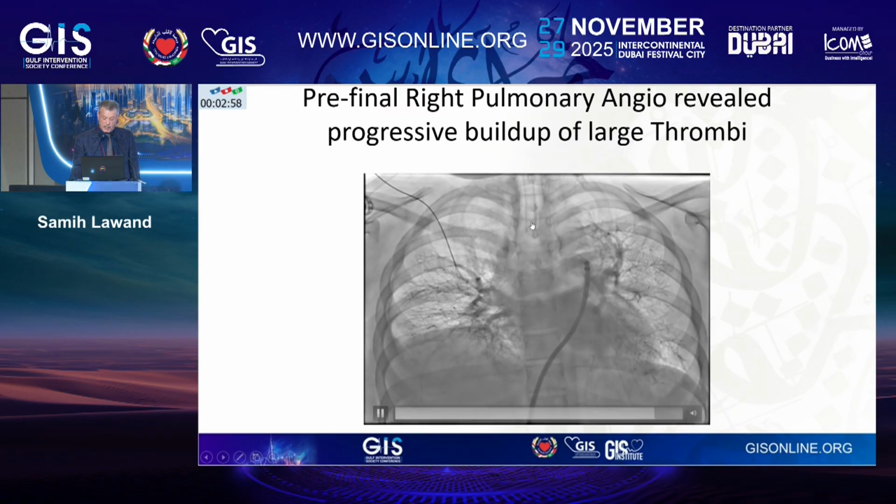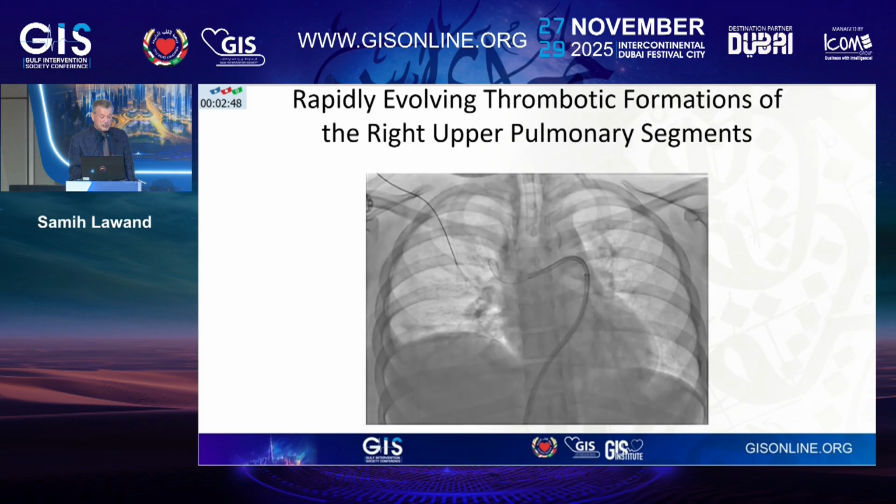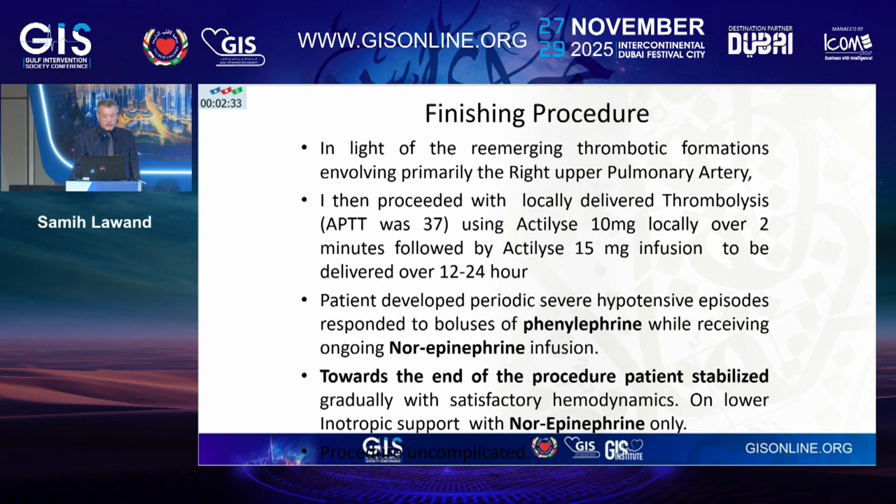At that time, we increased her inotropic support to double and tried to win again. So we went back and started the same process again and again, indicating that this patient is regenerating the thrombi in situ. And that became the biggest challenge for this patient.